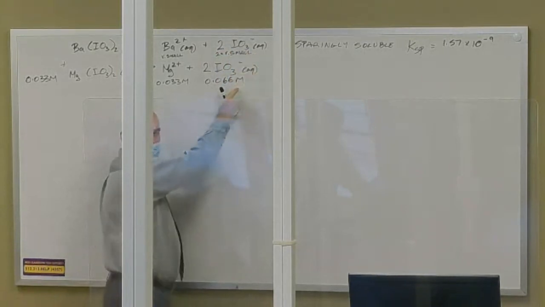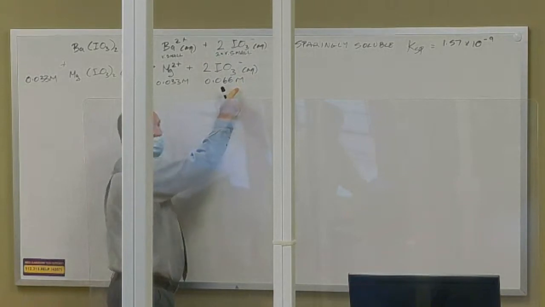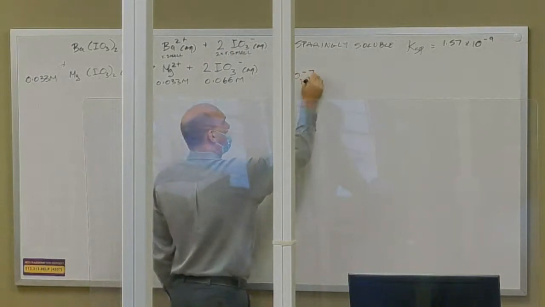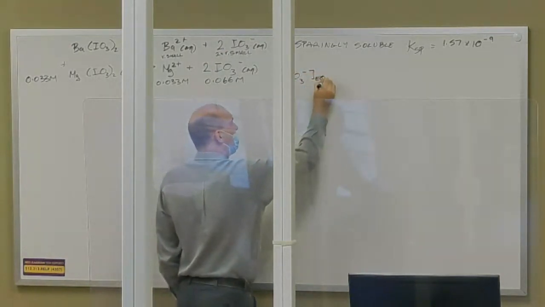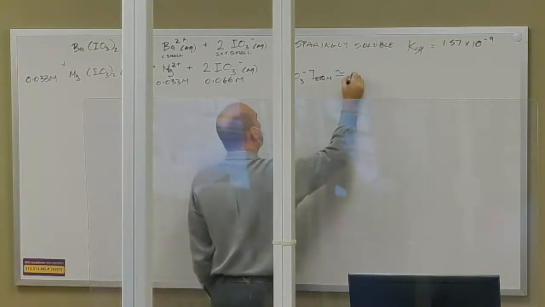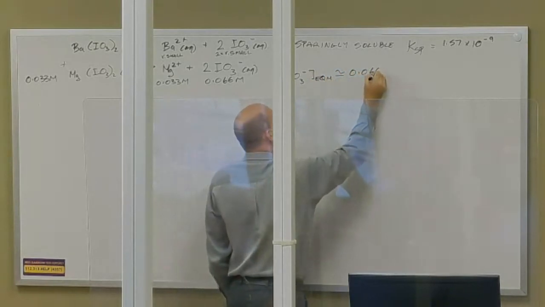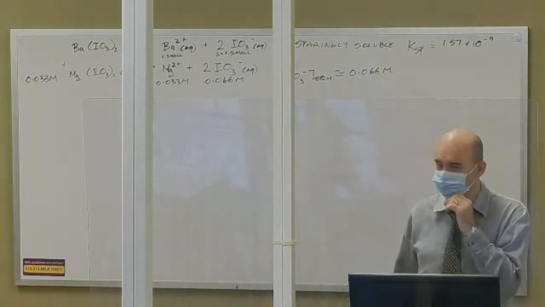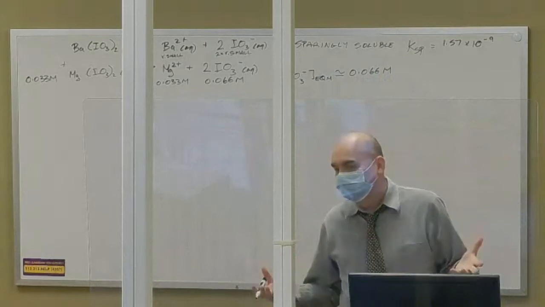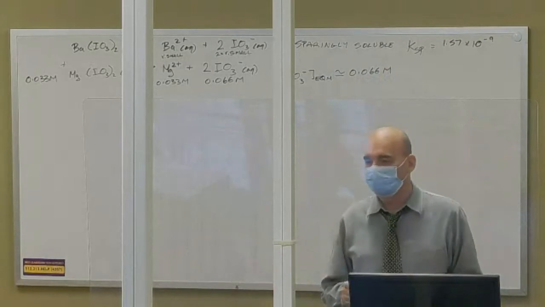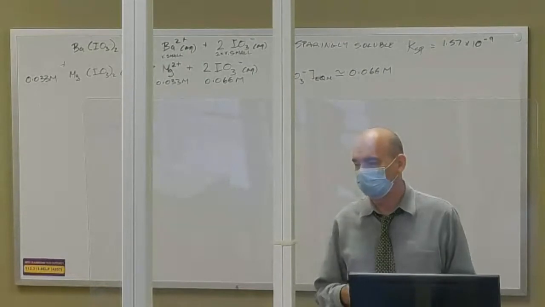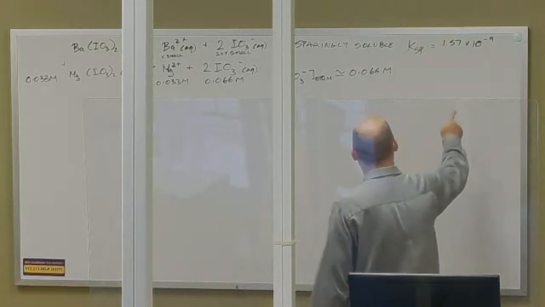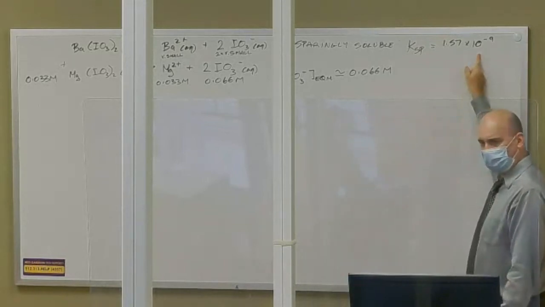Certainly not as big as this number, which tells me that the concentration of iodate at equilibrium is about equal to 0.066 moles per liter. So if I was doing this the easy way, that's what I would come up with, right? Using an approximation, saying the barium is 10 to the negative 9, right?